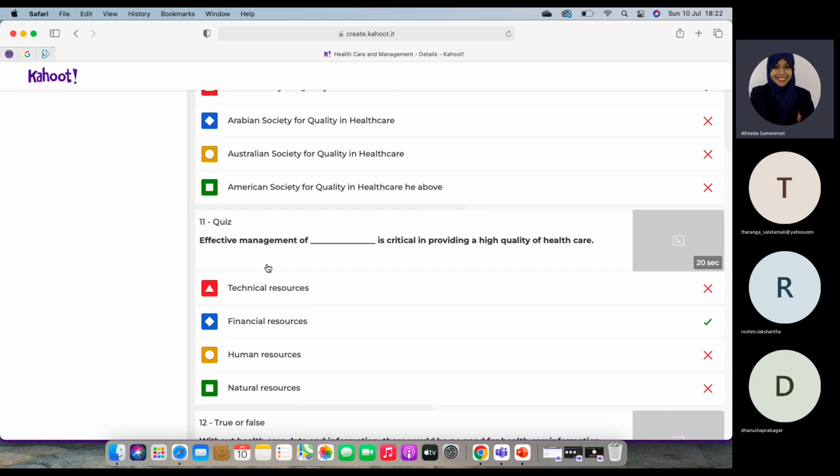The next one is, effective management of blank is critical in providing a high quality of healthcare. Is it because of what? Financial resources, right? So I told you, even though we have technical, human, natural, all these resources cannot function if there is no proper financial resource. You understand?